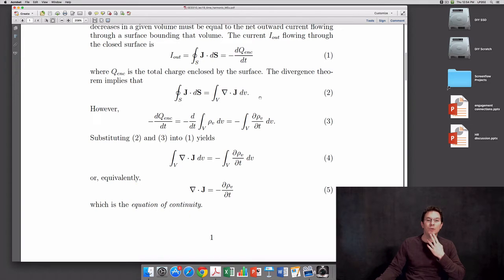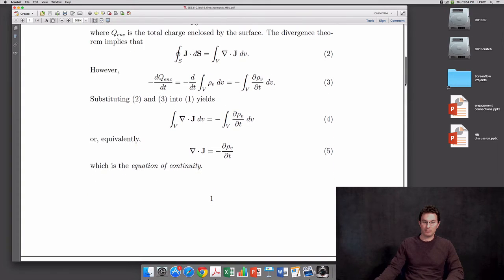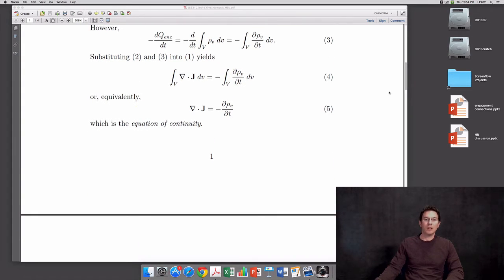Now we can make a couple of substitutions. We can substitute this expression from 2 and this expression from 3 into this equation, and equation 4 results. Equation 4 says that the integral throughout the volume of the divergence of J is equal to minus the integral throughout the volume of the time rate of change of the volume charge density.